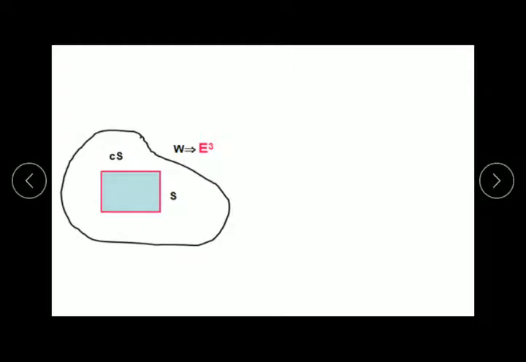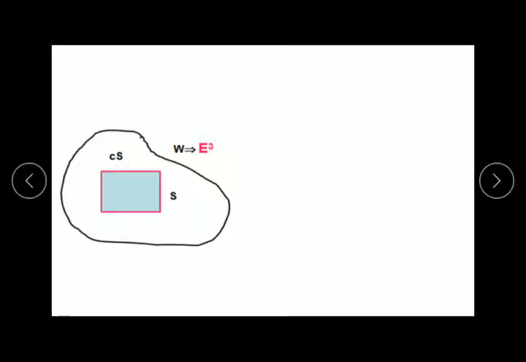Now consider the Euclidean space, that is, the n-dimensional space, which is shown by this figure and denoted as E. Then consider the complementary set, denoted by this portion, and the solid section, denoted by this green color.